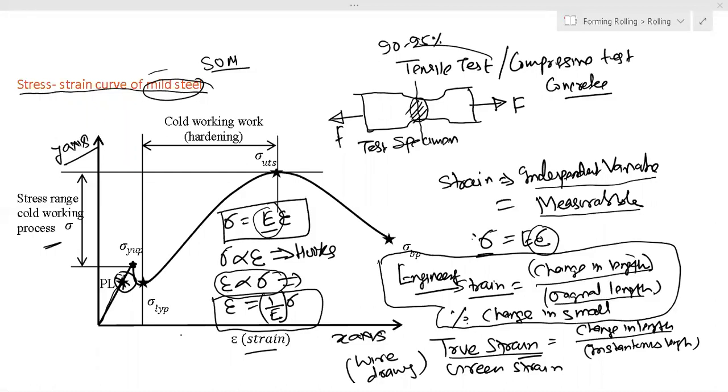You say, stress is proportional to strain. The interviewer may ask whether strain is proportional to stress is also Hooke's law. You have to be careful to say yes, that is also Hooke's law, but the proportionality constant is 1 by E, which is not the modulus of elasticity, but 1 by the modulus of elasticity.